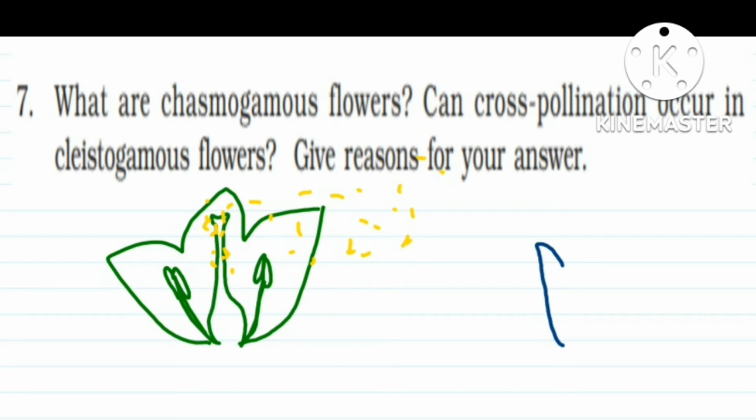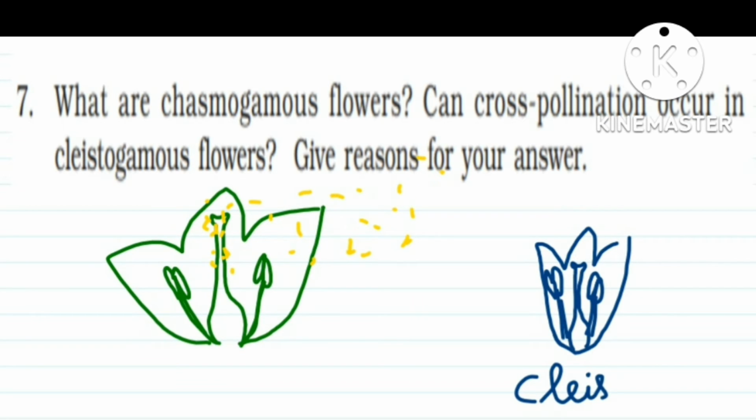Their petals are closed. So since they are closed, there is no chance that a foreign pollen grain can come and fall on the stigma of a flower. So if it is Cleistogamous, the flower will be completely closed. So that's why only self-pollination will occur in Cleistogamous flowers. Cross-pollination will not happen in Cleistogamous flowers, as they are closed flowers, petals are closed.